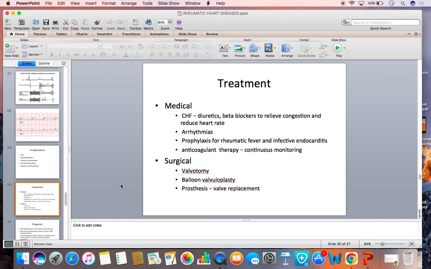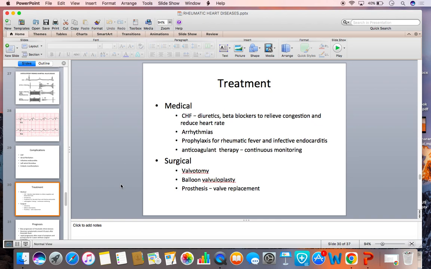Primary prophylaxis for rheumatic fever is effective treatment of the streptococcal throat infections every time a child presents with throat infection with streptococci.